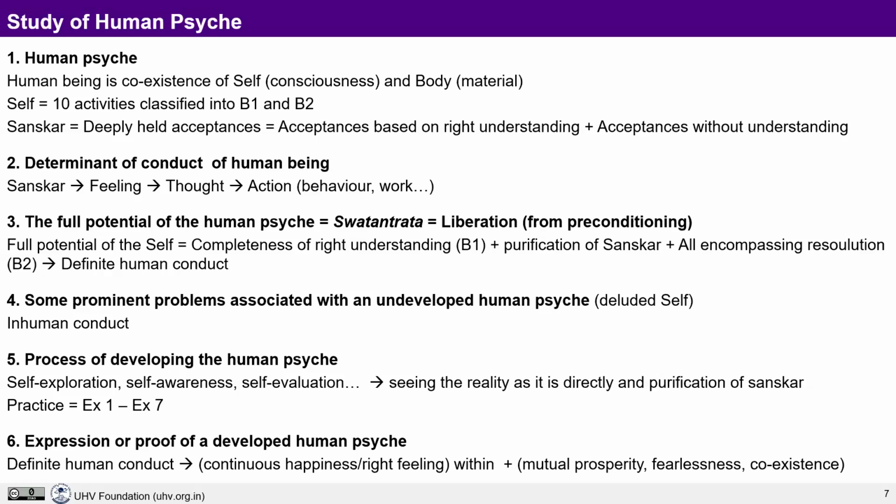Primarily focused at seeing the reality as it is directly, and it helps us purify the sanskar. So those of us who are doing the morning sessions are acquainted with exercises 1 and 2. We can develop some more exercises and we are in the process of developing that. So on one hand, we are developing various courses in human values. On the other hand, we are developing various practice sessions.